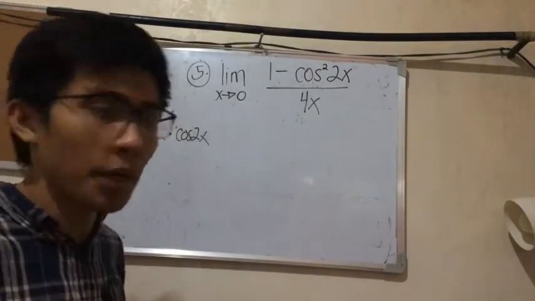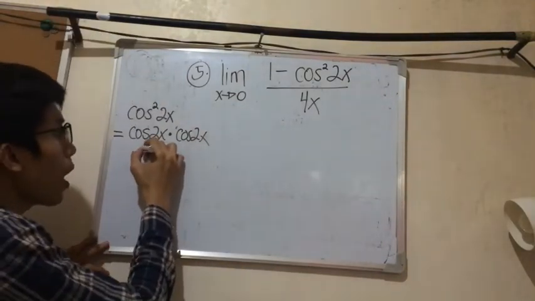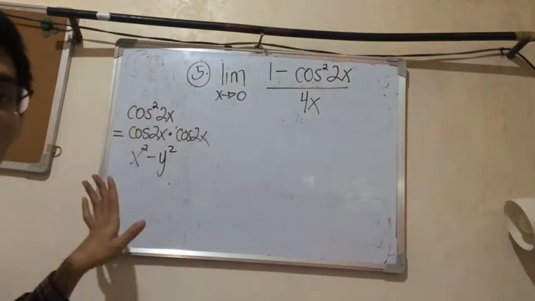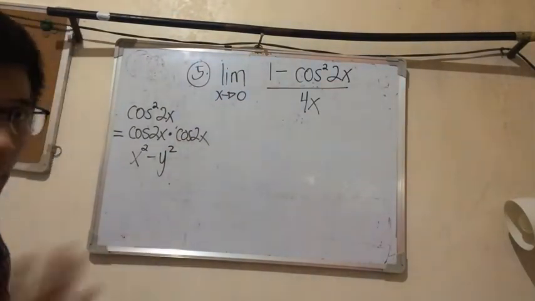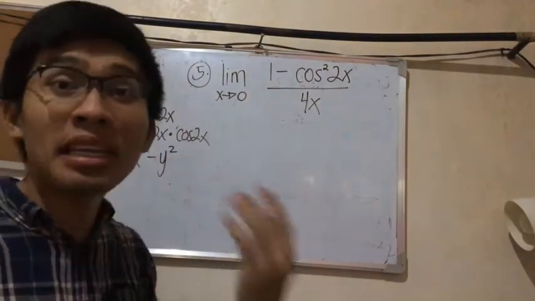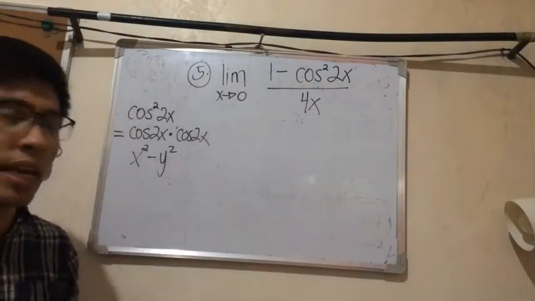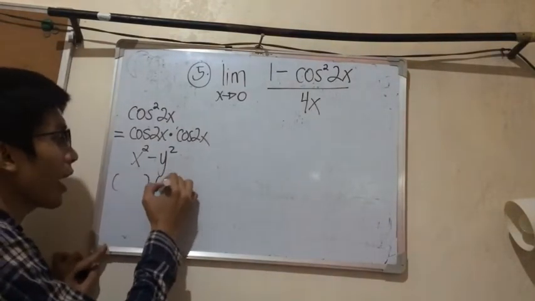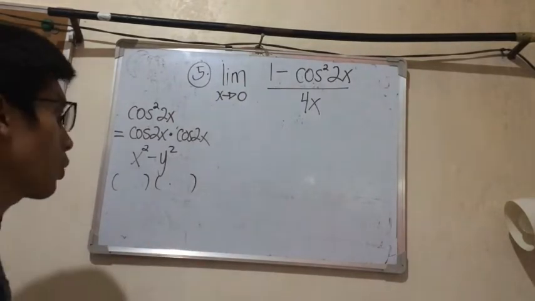If you still remember, for example, x squared minus y squared, is x squared a perfect square? Yes, that is a perfect square. Is y squared a perfect square? Yes. If you still remember the sum and difference of squares, we can find the factor of this one.